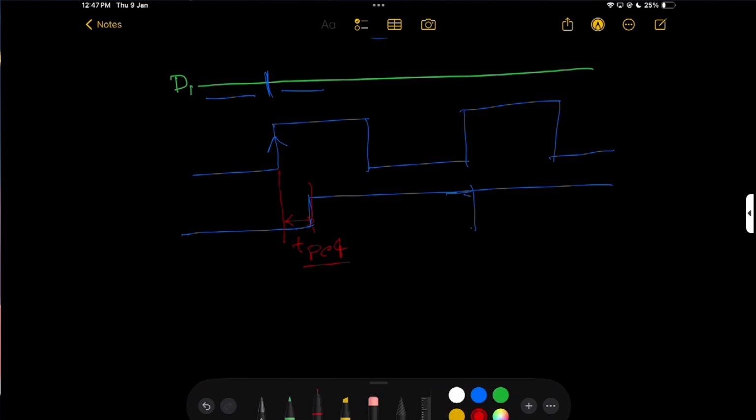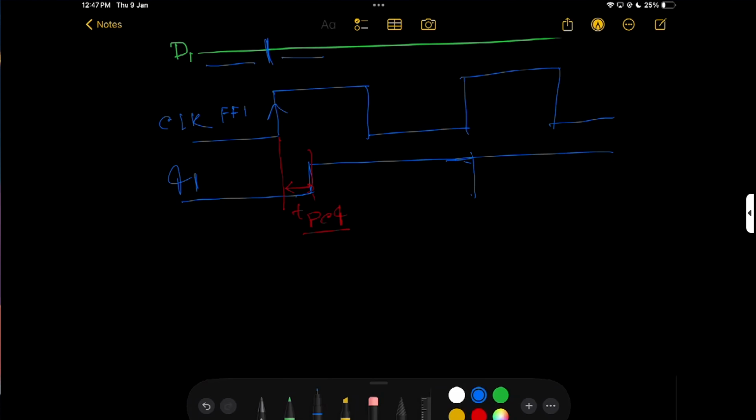Okay, so now this is my Q1, not Q2, and this is my clock, the clock of flip flop one. Now my combinational delay will come. So here is my combinational delay, and here is my D2.